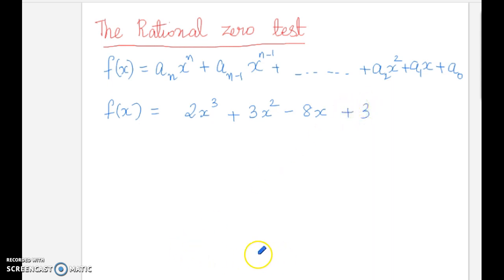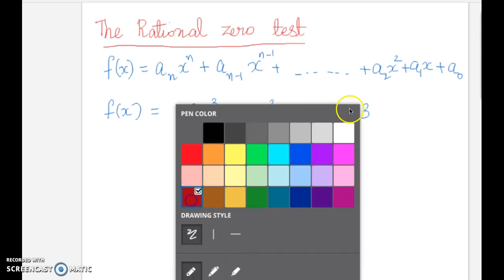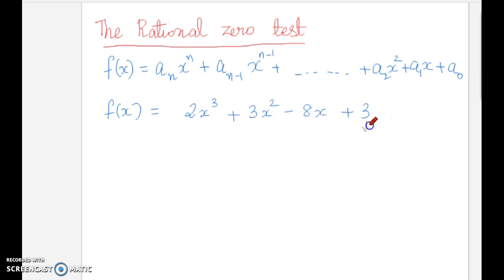All it means is the last term over here, which is our constant term, is going to be denoted by the last letter over here, a_0. So in general, the constant term is also called a_0. The first degree is called a_1. The second degree is called a_2, and this one has a_3.